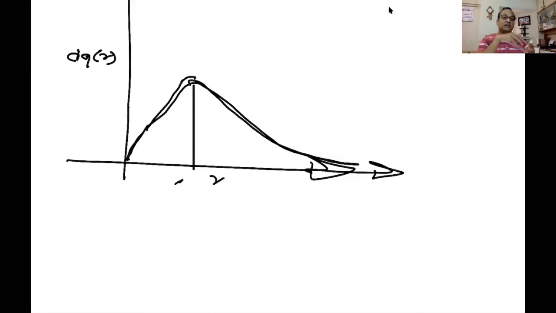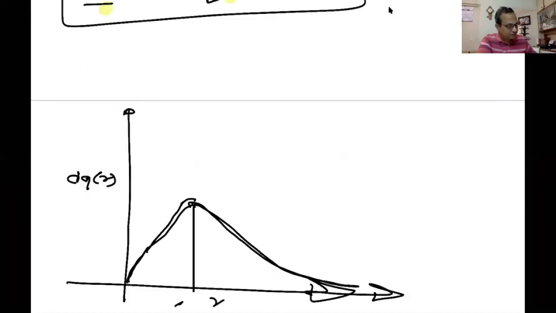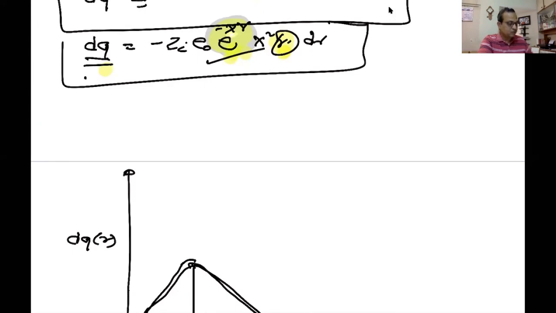Here also, in the ionic cloud, there is a central reference ion, a positive ion, and around it there is a distribution of various ion charges. The dq, the number of charges in the shell, is maximum at this point. In fact, you can take the derivative of this equation with respect to r and equate that derivative to 0. You can work it out at home.